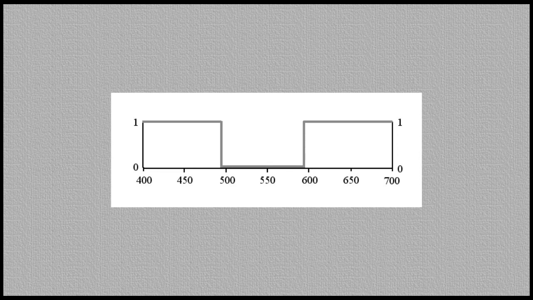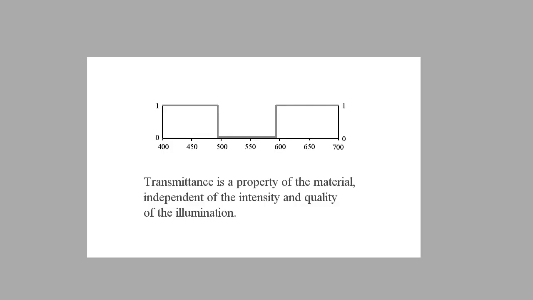So, the transmittance curve describes what a glass filter or a reflecting surface does in modulating the original illumination. Observe that it is independent of the spectral energy distribution. Transmittance is a property of the material, independent of the intensity and quality of the illumination.